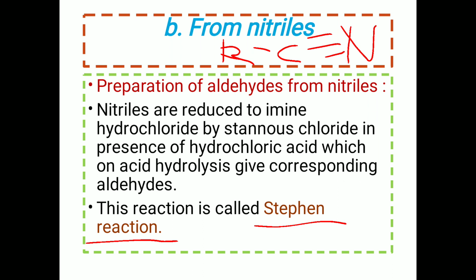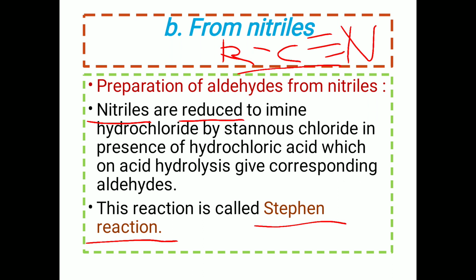So now let us study what is meant by Stephen reaction, or how we get the aldehyde from nitriles. Nitriles means RC≡N. Alkyl cyanides, also known as nitriles, which contain the group RC≡N, are reduced to imine hydrochloride.